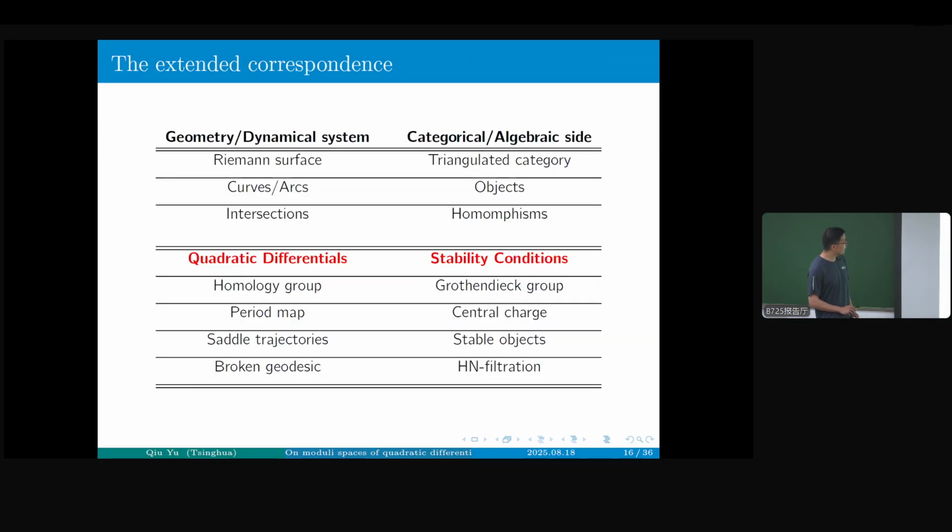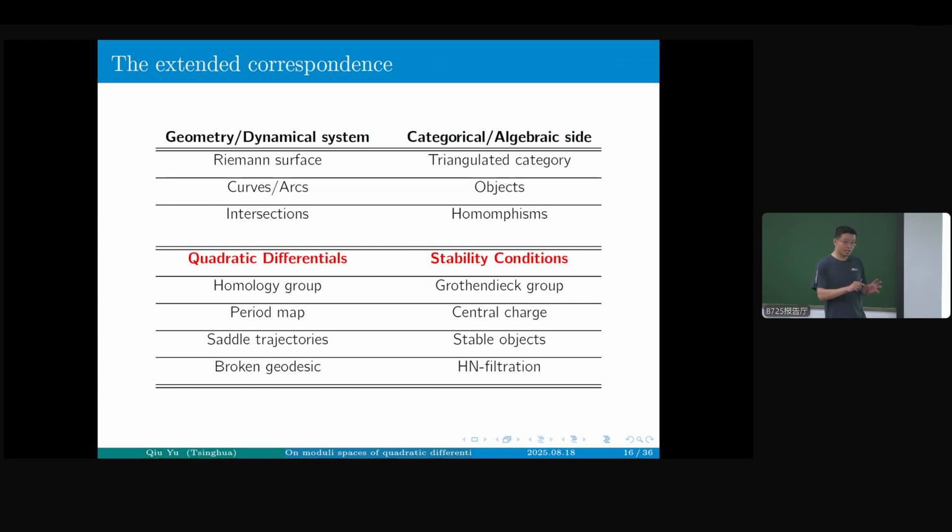So now we can extend the correspondence between category and the dynamical system as follows. Quadratic differential becomes stability condition. As I mentioned, the homology group corresponds to the Grothendieck group, the period map becomes the central charge, and more. For example, on stability conditions, as mentioned in Professor Sun's talk, people will care about the stable objects. And this will actually correspond to saddle trajectories in the dynamical system. In general, an object in the category will have a Harder-Narasimhan filtration.